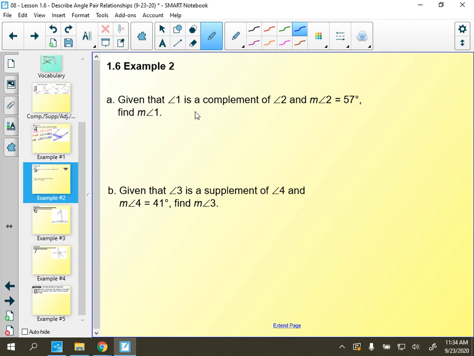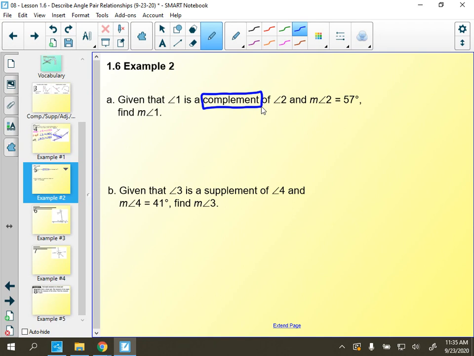Given that angle 1 is a complement of 2 and measure of angle 2 is 57 degrees, find the measure of angle 1. Okay. The reason I left this one on here, I think that's a very hopefully doable question. I don't know if we necessarily need a picture. I just wanted to see, we talked about specifically the word complementary, any form of that word. So complement is definitely the root word of that.